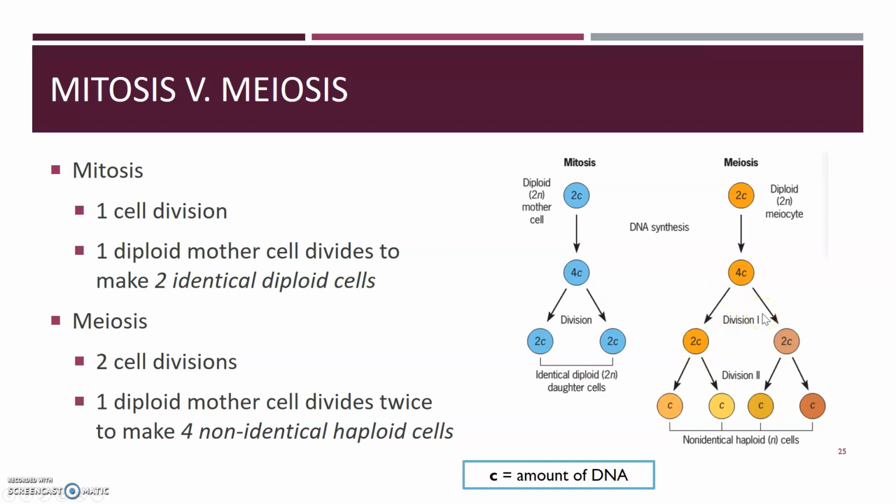One division here and then another one here. Meiosis 1 and meiosis 2. To divide one cell into 2, and then ultimately those 2 into 2 again to make 4 non-identical haploid daughter cells, right? And so meiosis has 2 divisions and makes 4 non-identical cells, and mitosis has 1 division and makes 2 identical cells.